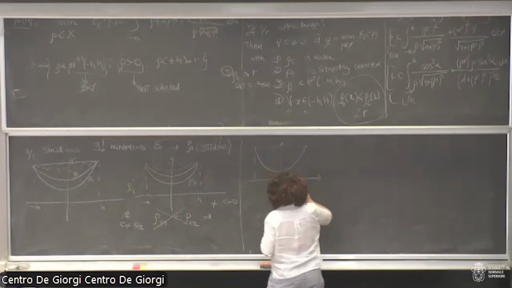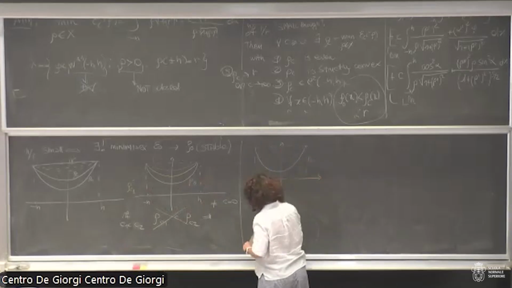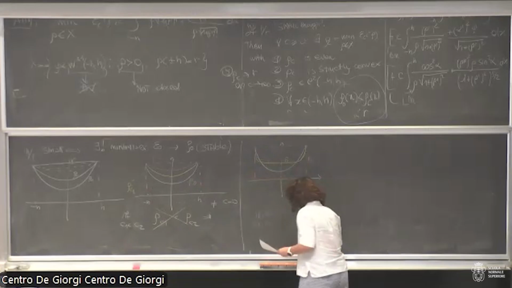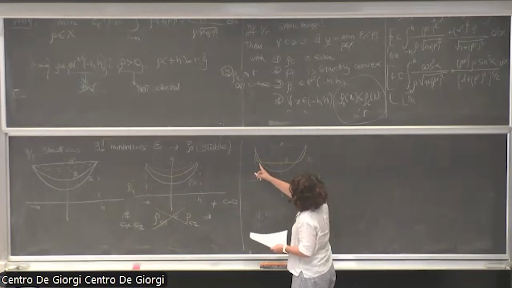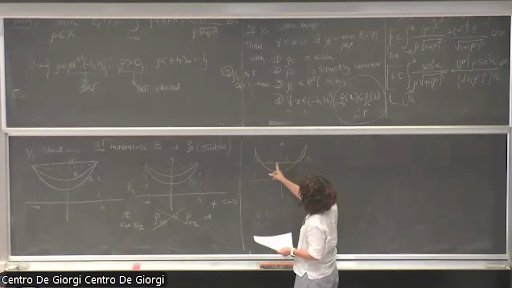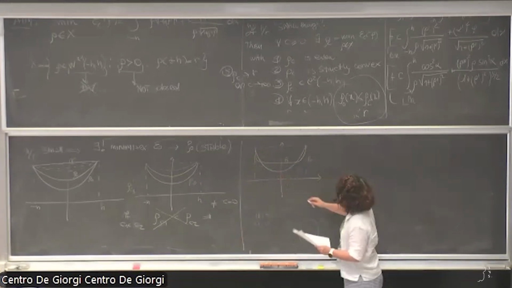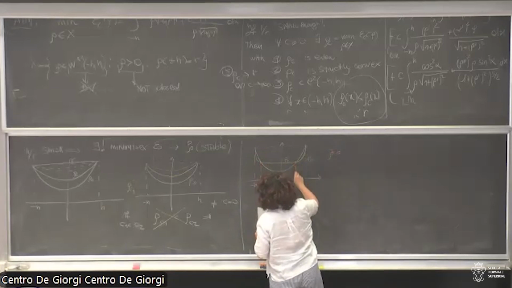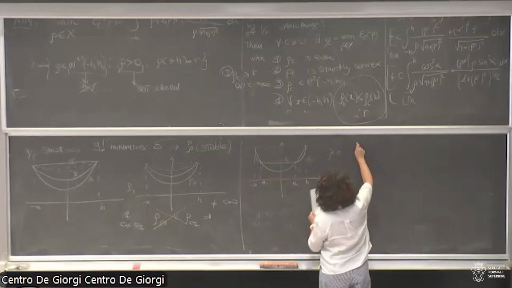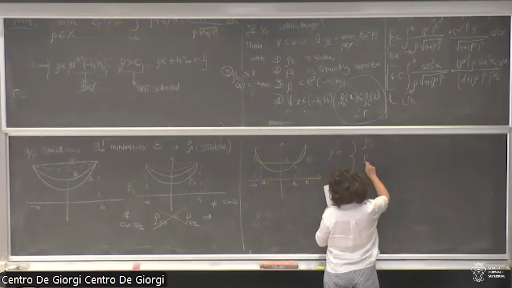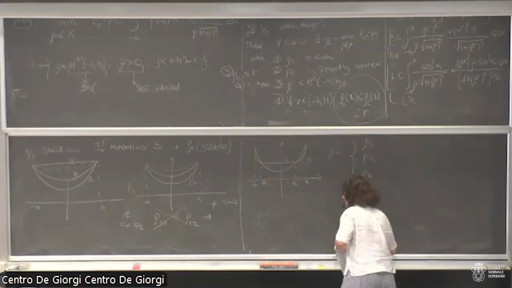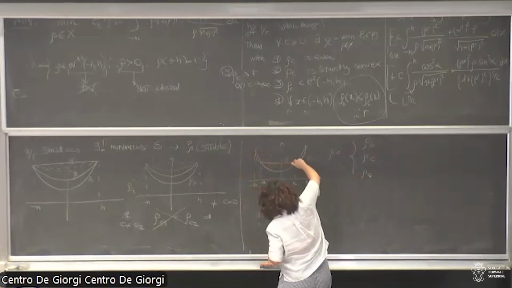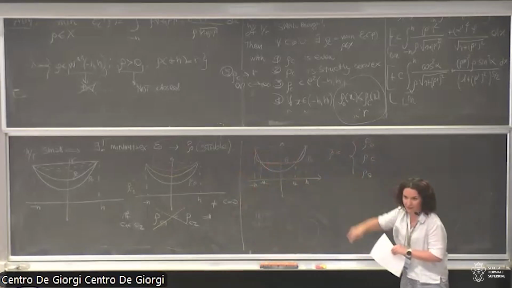If this is my stable catenoid rho 0, and I consider a solution rho C of this form, I want to exclude the possibility that the minimizer goes below the stable catenoid. Now, let me call this minus H, minus A, and A, H, and define rho tilde: I'm taking the catenoid rho 0, then the solution rho C, and then again the catenoid rho 0 in these intervals.